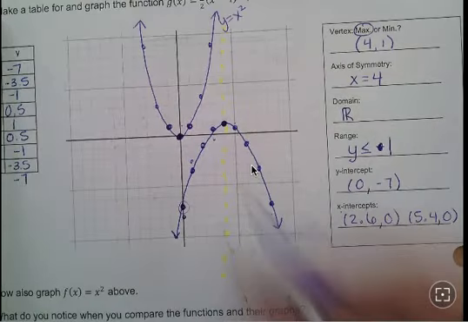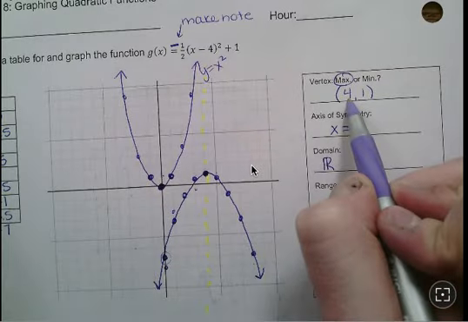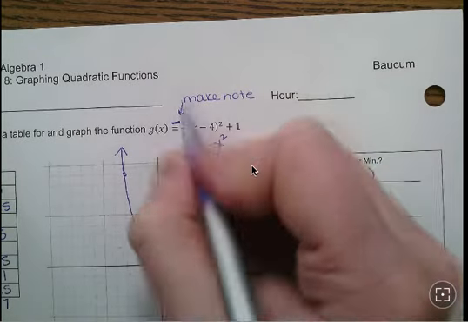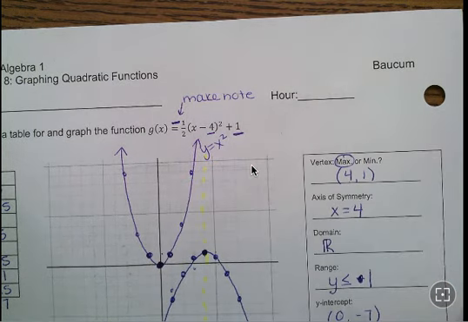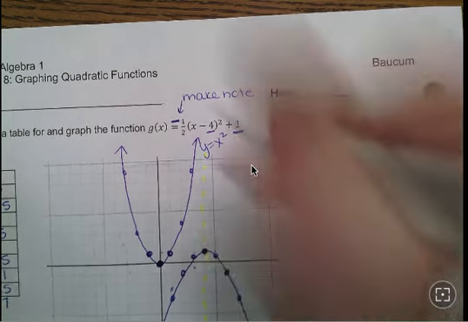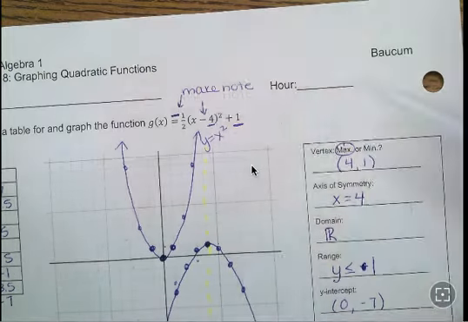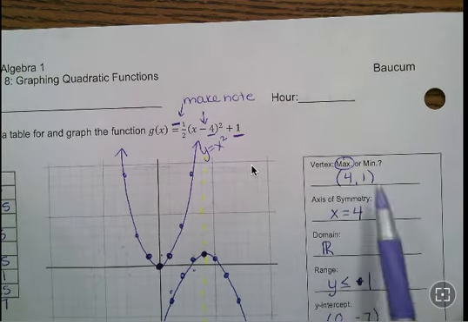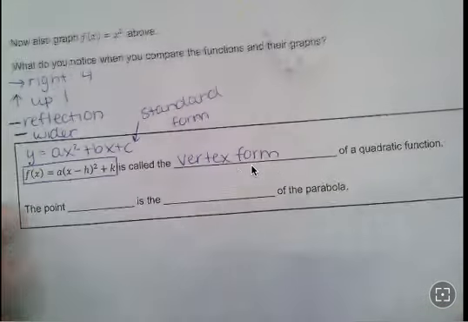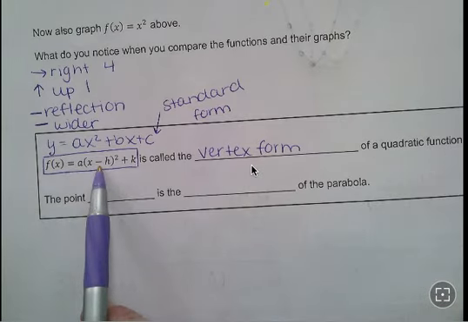So if we look over here, let's go here first, okay? The vertex of this parabola was at 4, 1. And if you go to your equation here, you see the numbers 4 and 1 already in there. The only thing that's a little bit different that we have to be careful with is this minus sign, okay? Because obviously the vertex is at a positive 4 and 1. And so what we say in our original equation is the negative is what stands, okay?